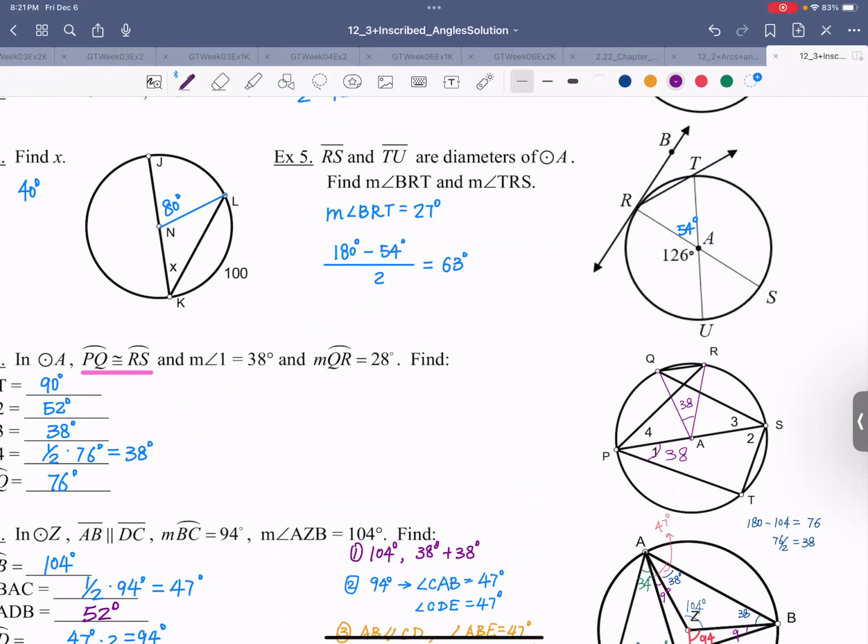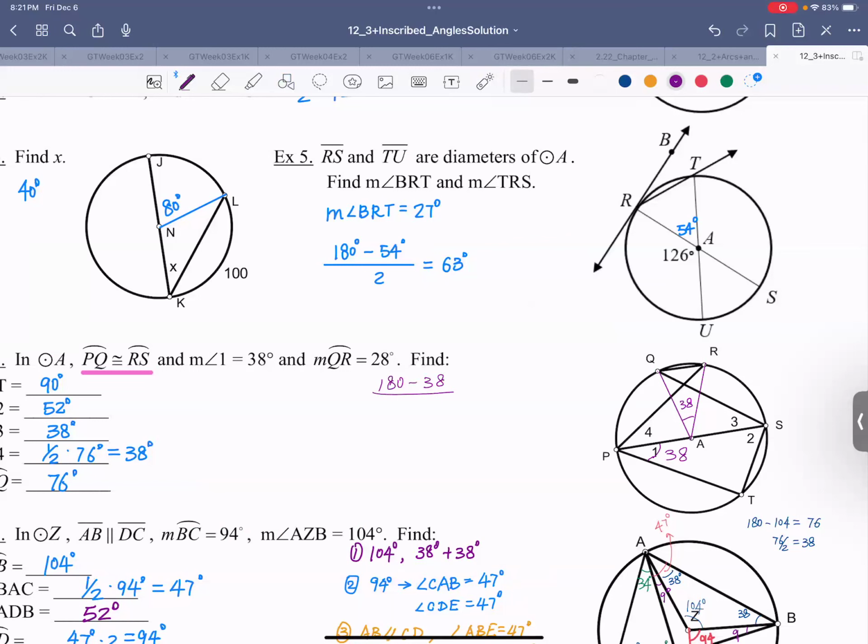Okay. All right. Now look at this. That and that are equal. So if this arc is congruent to this arc, we learned this last class. Are these two equal? Yes. Go. This total is 180. Let's use 180 minus that, divided by 2, to find out here and here. 154 divided by 2, 76.